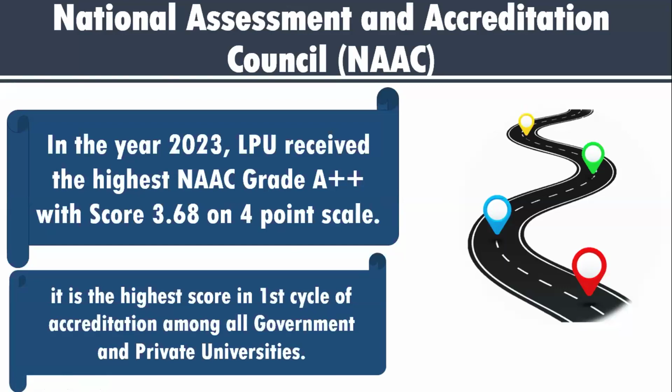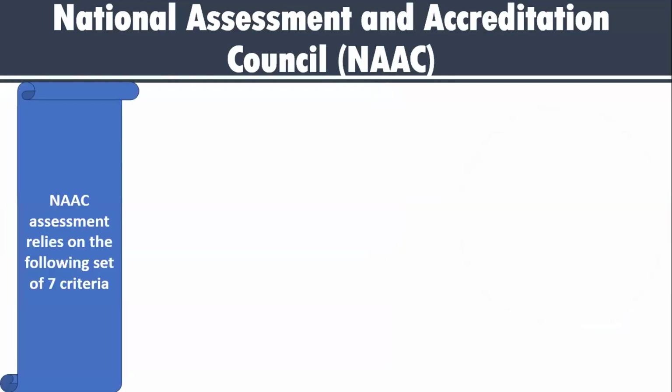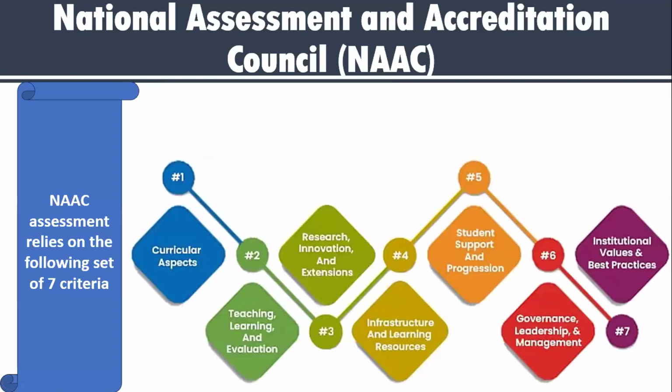Furthermore, this NAAC assessment basically relies on 7 criteria on which the grading is given. Very first is the curriculum aspect, then teaching, learning and evaluation, research, innovation and extension, infrastructure and learning resources, student support and progression, governance, leadership and management, and institutional values and best practices.